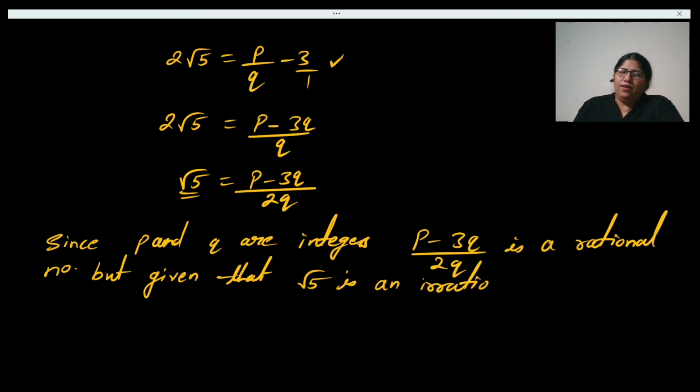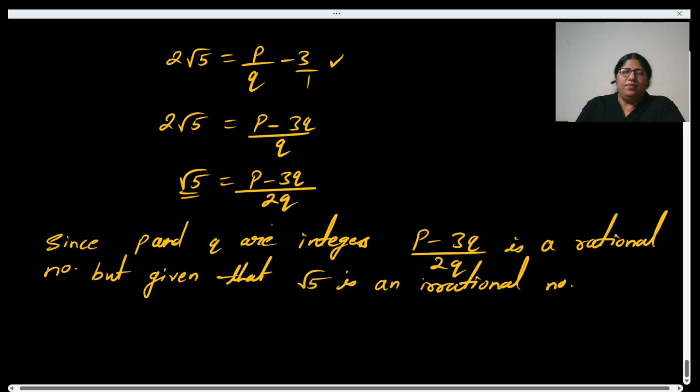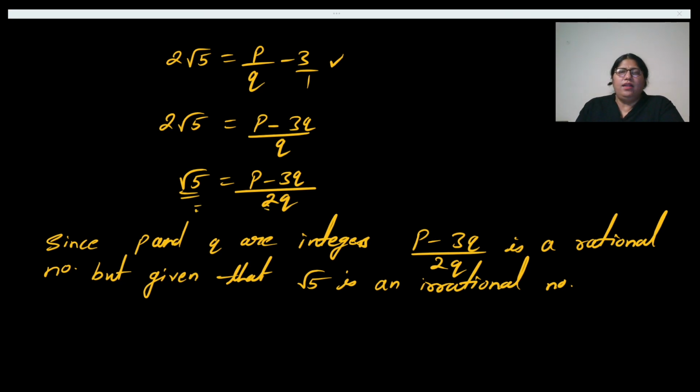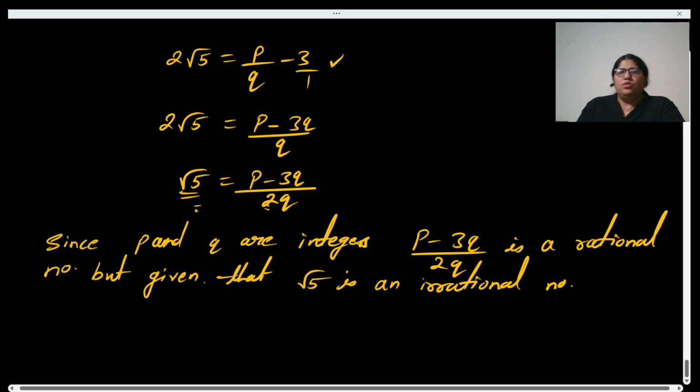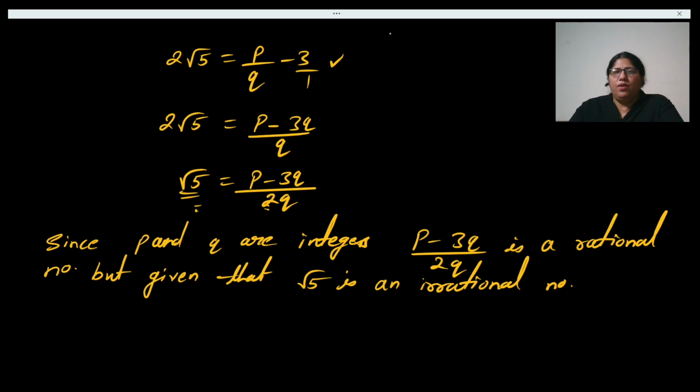Now can we have an irrational number equal to a rational number? Correct, we can't, because here they are equal. So a rational number cannot be an irrational number. One more statement you can write before this: because you are equating this with root 5, this shows that it's a rational number.